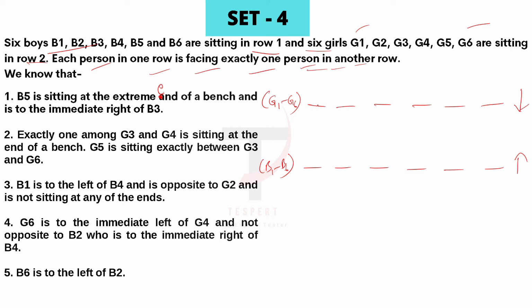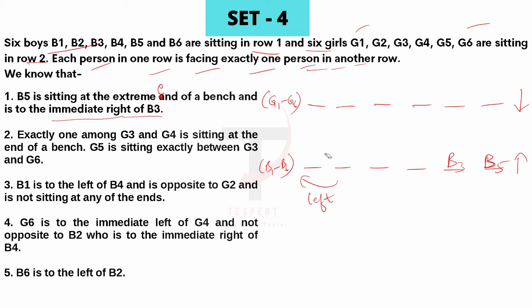If B3 is here, B5 must be here, because if I place B5 here and B3 here, now B5 is to the left of B3, not to the right of B3. So it is not possible. It is given, it must be immediate right. So B5 must be at the extreme right, not extreme left.